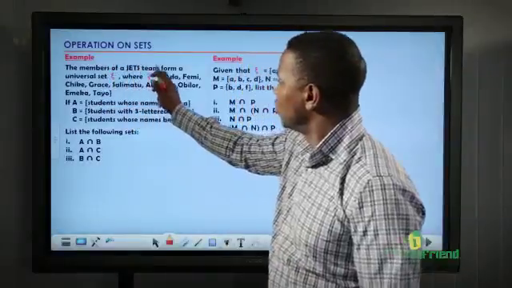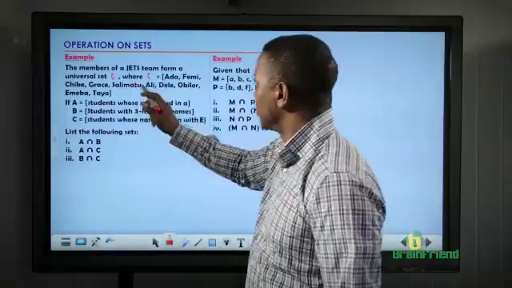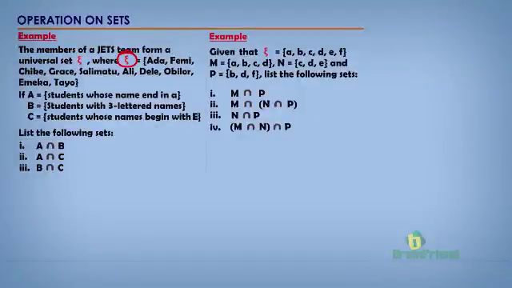The members of a jet team form a universal set, where the universal set is the set of Ada, Femi, Chike, Grace, Salimatu, Ali, Dele, Obilor, Emeka, and Tayo. If A is the set of all students whose name ends in A, therefore will be listed as Ada and Emeka.